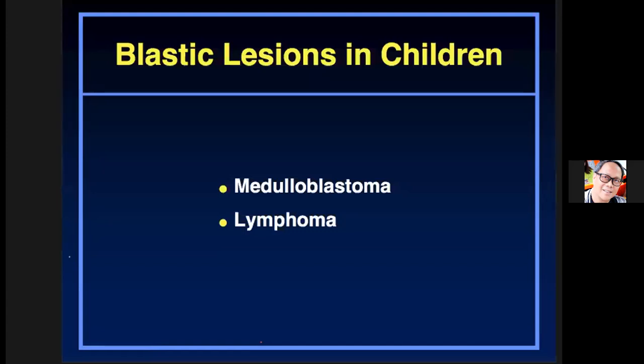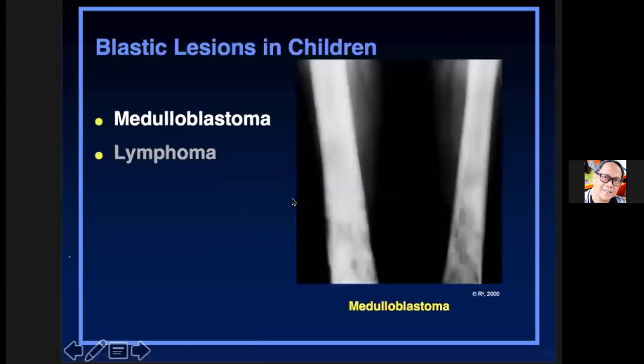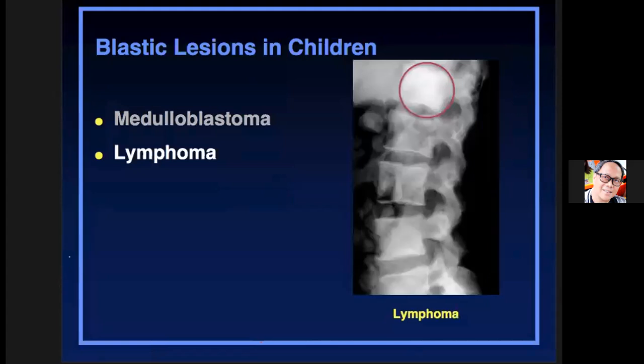Blastic lesions in children: medulloblastoma, lymphoma. Okay, so blastic means you have increased opacity, and the increased opacity is usually blurred, the details not very clear. Okay, this is medulloblastoma and lymphoma. You can see that of all the other vertebral bodies, this one is the most sclerotic.